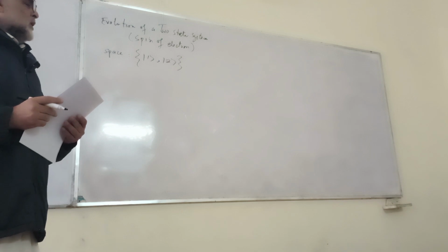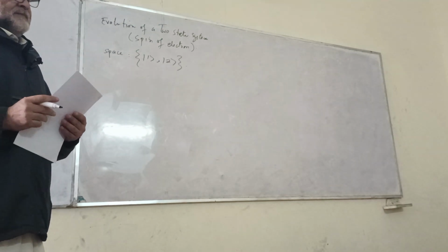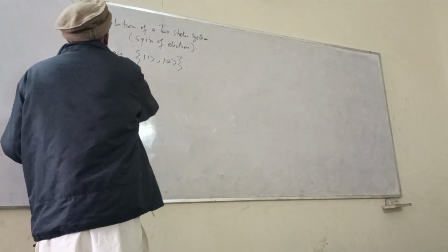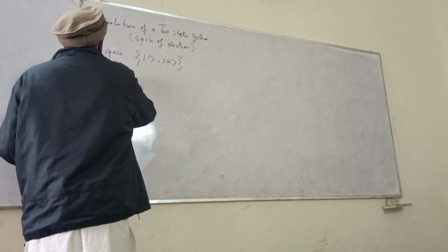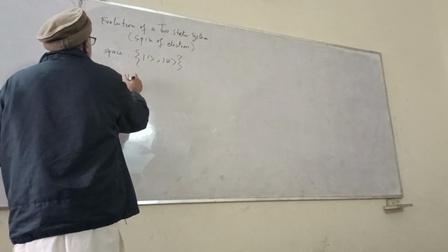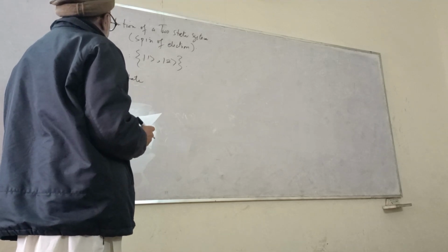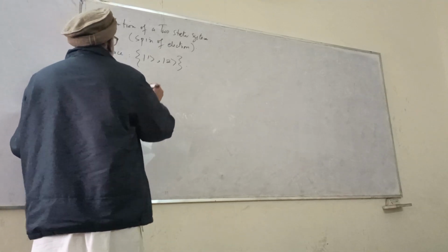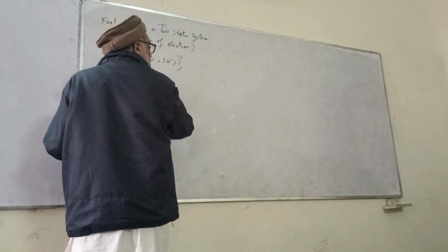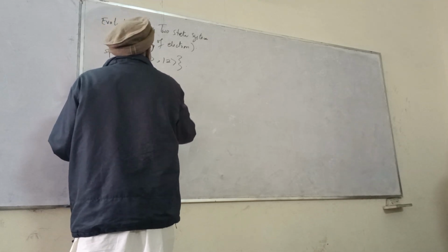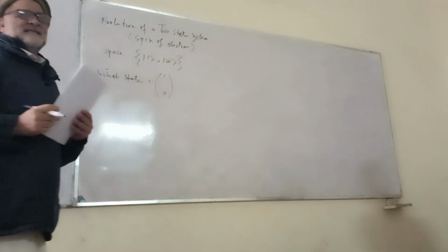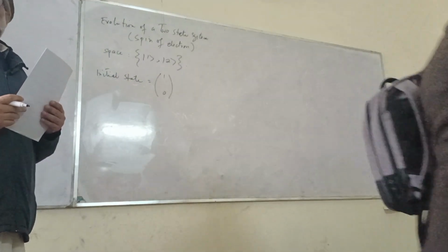So, if the initial state of the system is equal to (1, 0), there are two states.